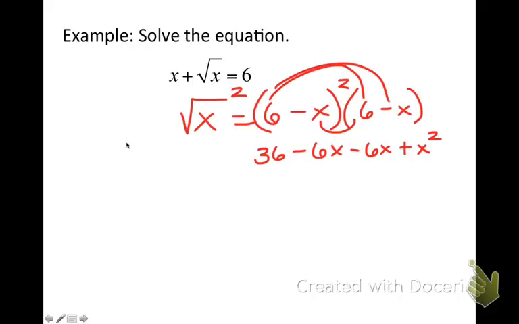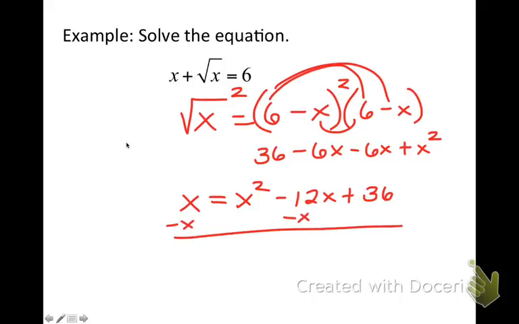Let's rewrite this in standard form. So it looks like we're getting x equals x squared minus 12x plus 36. Got to get this to be a 0, so that means I'm going to move that x over by subtracting it to both sides.